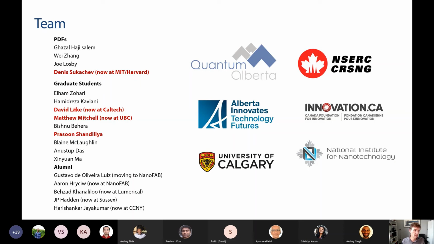And David Lake and Pursoon really worked super hard to make the NV spin stress coupling experiment happen. And they were assisted by Denis Sukachev, without whom that experiment wouldn't have worked. And then, of course, other group members have contributed to some other experiments that I didn't have time to talk about today, but I just wanted to highlight the major contributions from these guys.